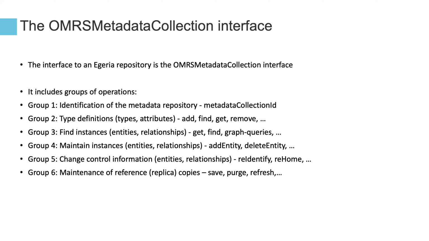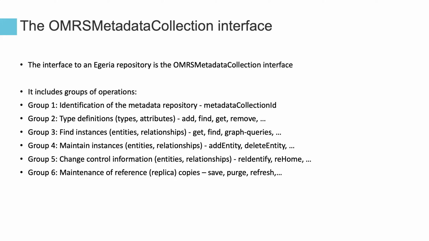Group 4 is all about maintenance. This allows us to create instances of entities and relationships, to classify them, and to delete them. Group 5 allows us to change control information. We talked earlier about being able to change the ownership of an entity instance. Well, that's the rehome operation.